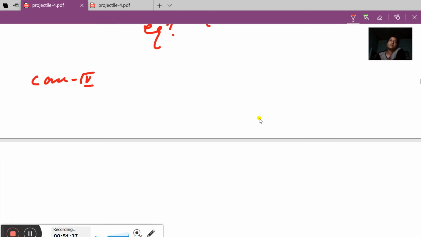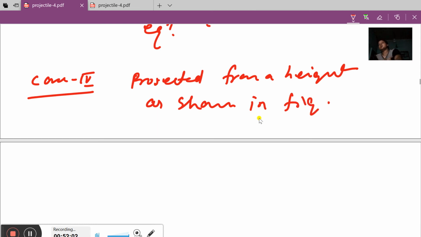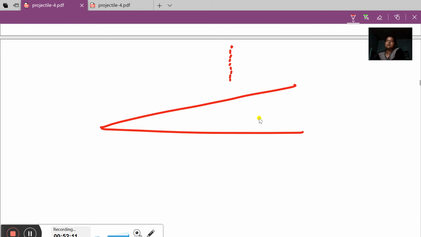Case 4: a body projected from a height, as shown in the figure. The body is just released from a small height h.